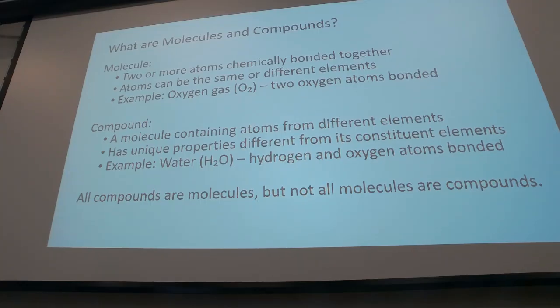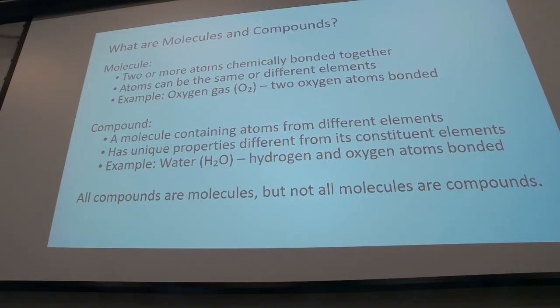So, most of the elements are not pure in nature. Most of the time they are in combination with other elements. And when you have different atoms combining, they will form a molecule. Now, some molecules can be made out of the same element, but some molecules can be made out of different elements.